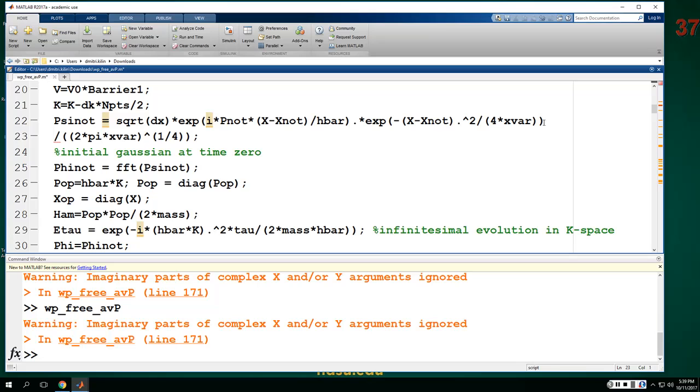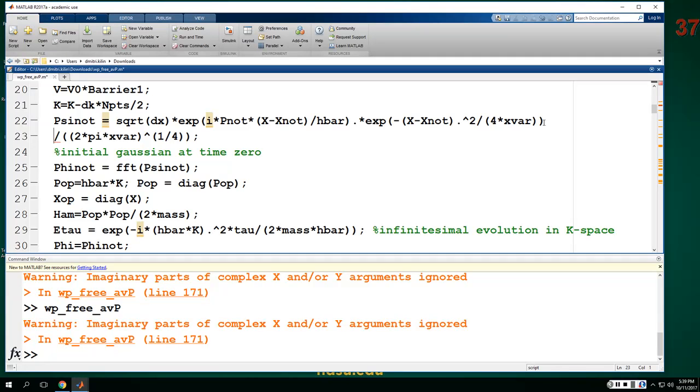So psi naught of x at time 0. You recognize it should be minus x minus x naught squared divided by some width parameter. It's the only thing that I remember from the class. Maybe you remember more. So there should be some normalization factor.